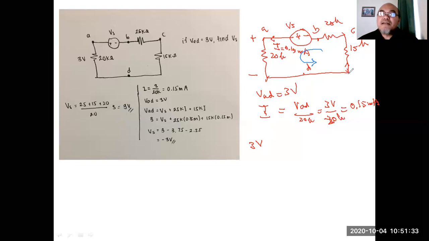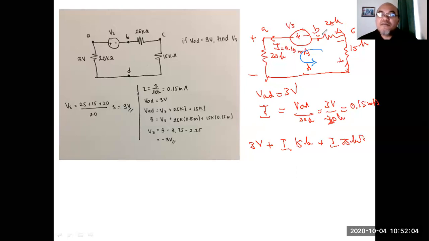Depending on your definition, let's say this is plus and this is negative, then you can still follow plus I multiplied by 15 kilo ohm. And from here also this is plus and this is negative, and then it follows I multiplied by 25 kilo ohm.